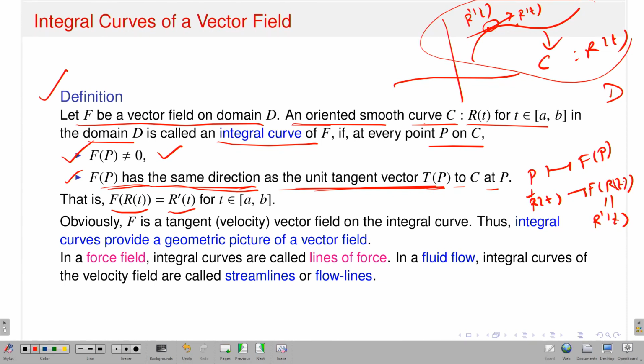So, therefore, you have a vector field, you have a domain D, and a curve in your domain which is parameterized by R. Suppose C is a curve in your domain D with the parameterization R of t.